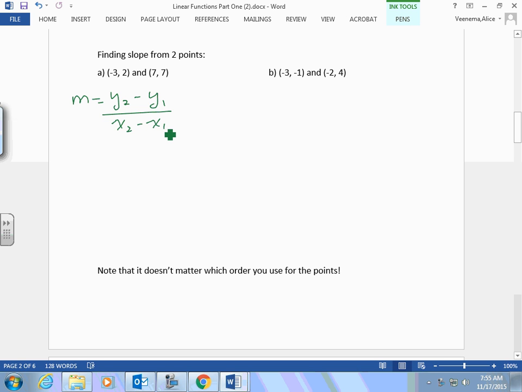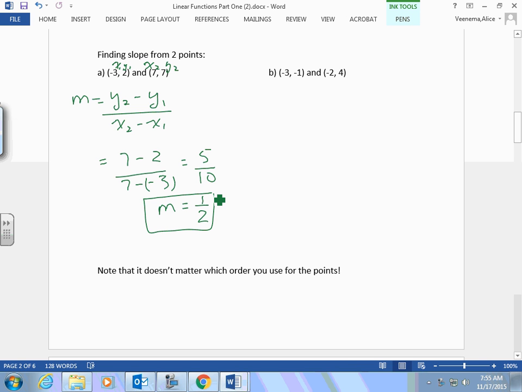So if we think of this as x1 and y1, and this one is x2 and y2, we can plug in those values. So we'll have 7 minus 2 over 7 minus negative 3. So that gives us 5 tenths, which is 1/2. So the slope is 1/2.